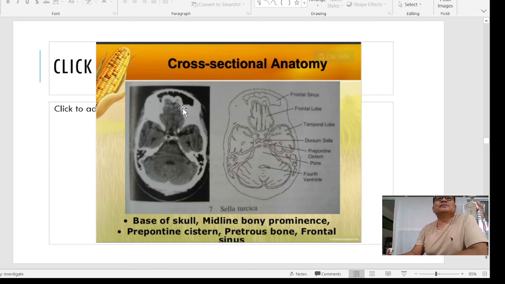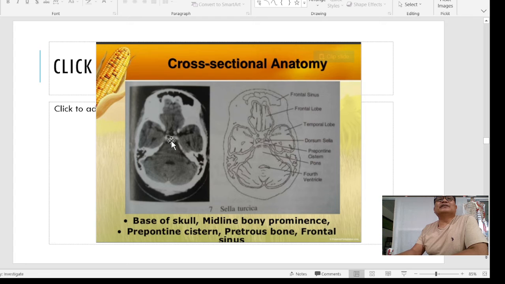So now we can see the frontal area. This is where the olfactory nerves enter, in the frontal lobe. Then this part is the temporal. Then this is your cerebellum.